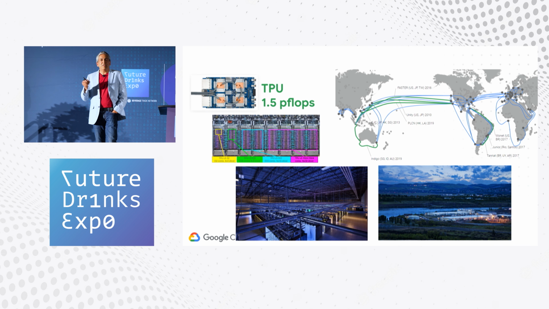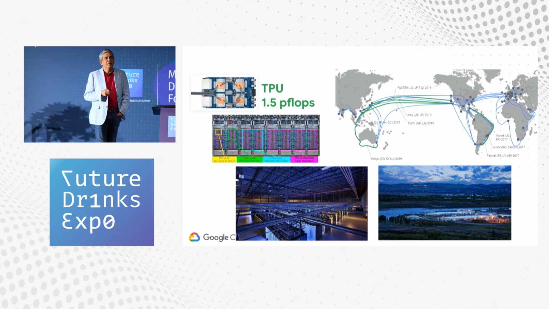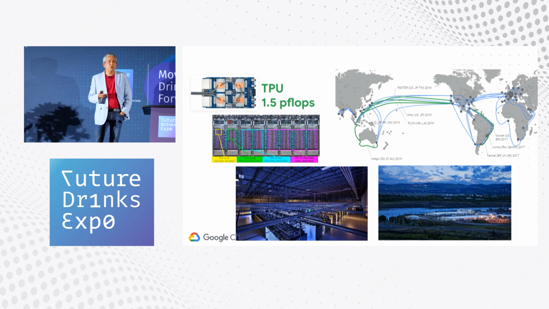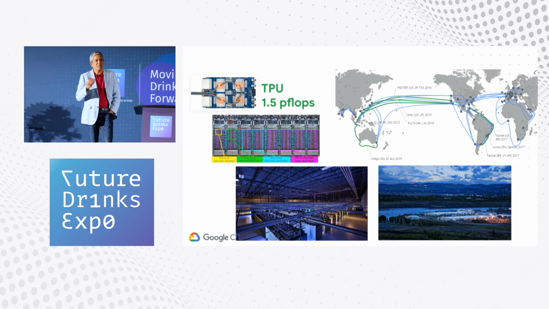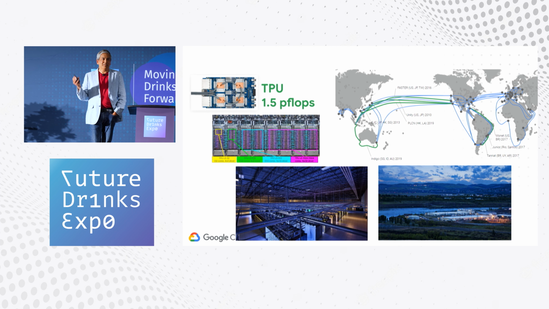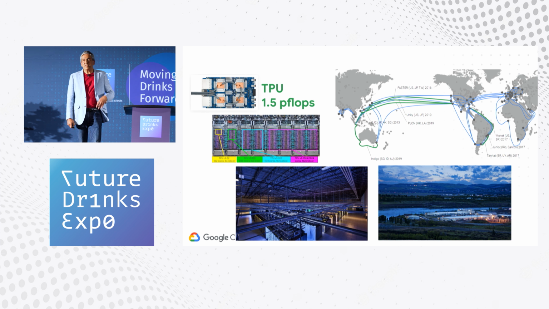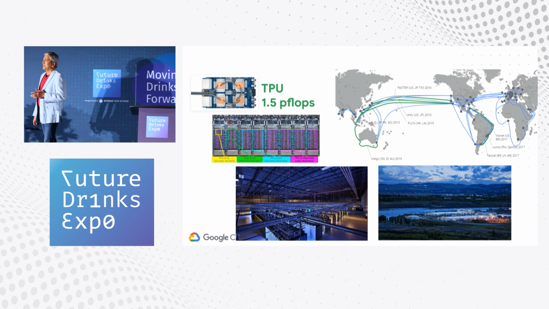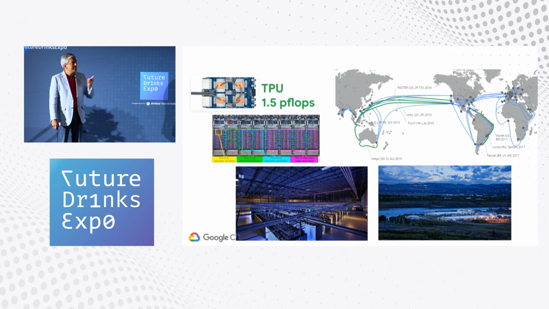Remember the 3-second or 5-second delay the previous speaker talked about, right? You don't want a 5-second delay when you're trying to watch a YouTube video from some kid in Korea who's done this new dance or whatever, right? It needs to be instant. Every one of those billion users wants instant response to everything they're doing on Google. This is how we do it.